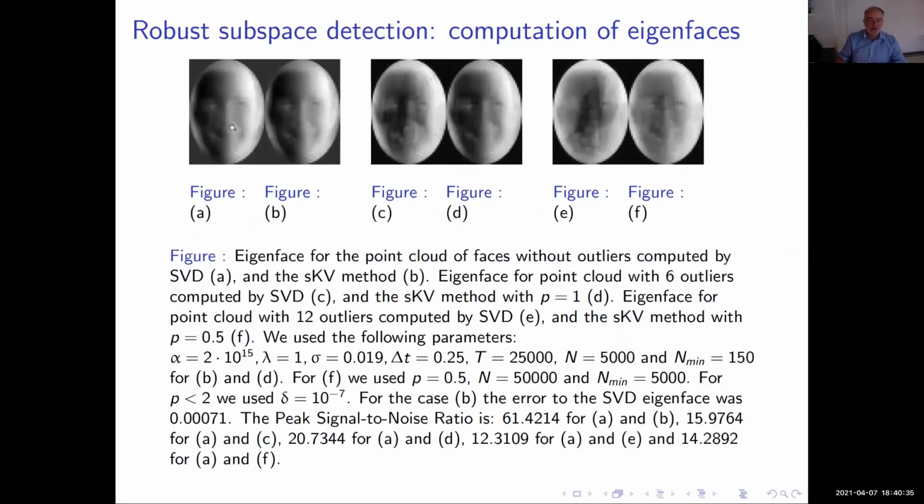You can see on the left, in the case where no outliers are present in the point cloud and we compute the solution by the singular value decomposition, you get this face. And you can use the CBO method also to solve that problem, and what you can see is that the solution is the same.